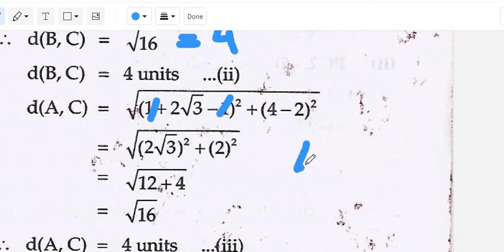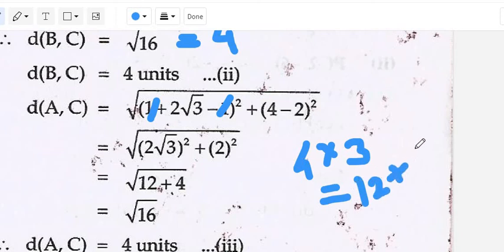Now 2 squared is again 4, root 3 squared is 3, so 4 threes are 12, plus 2 squared is 4, 12 plus 4 is 16, under root 16, and the square root of 16 is 4, and therefore distance AC is also 4.